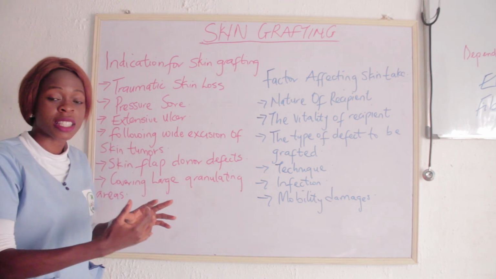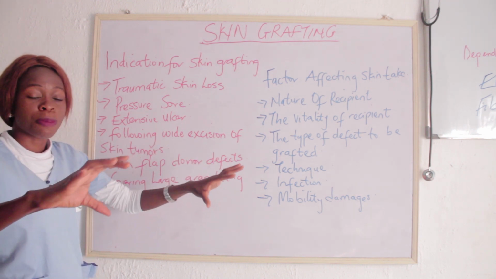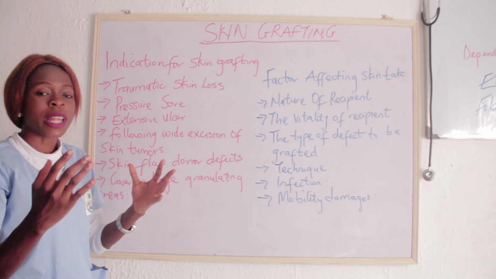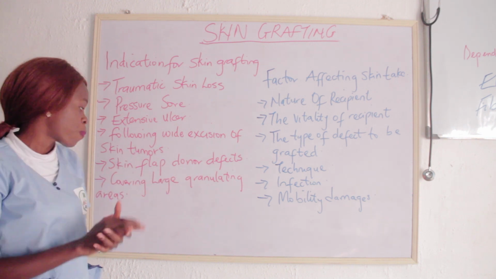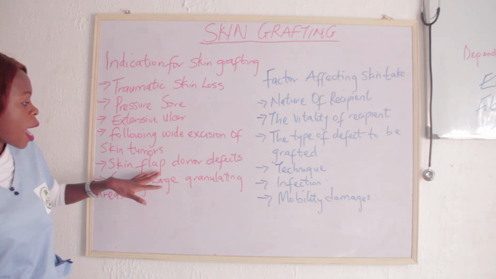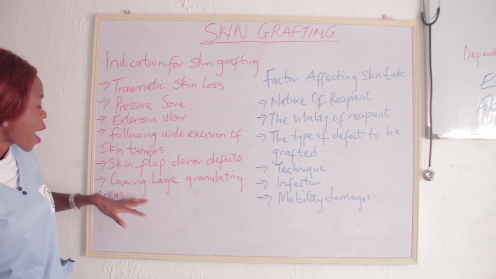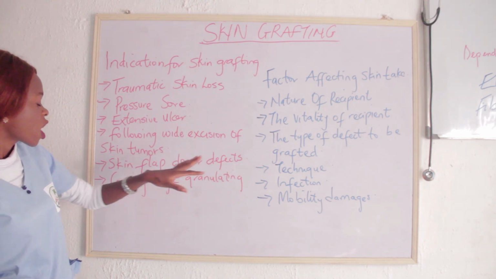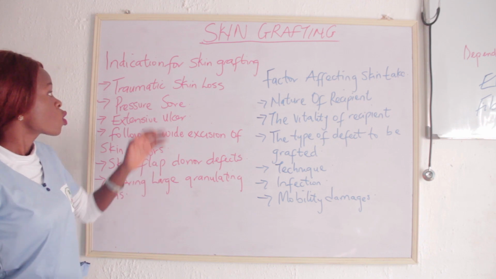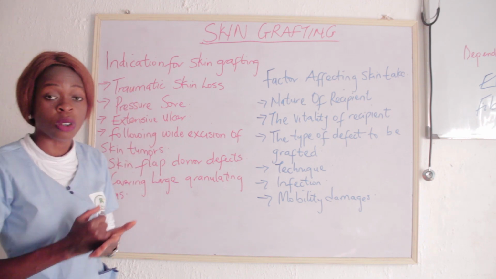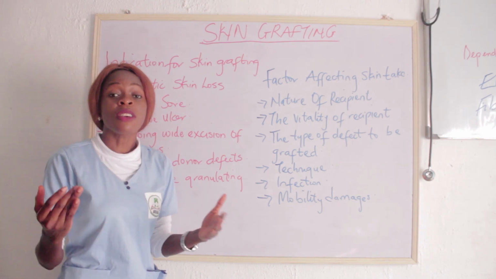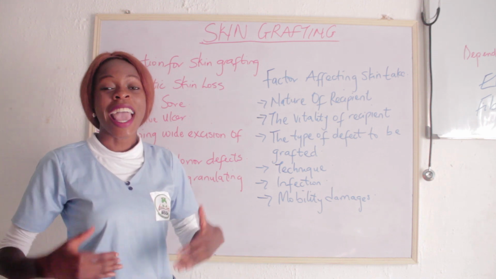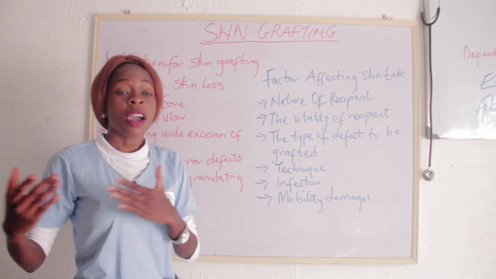After removal of that skin tumor, there is a wide space that needs to be filled so that healing can take place. We have skin flap donor defects. Then we have covering large granulating areas. So these are some of the indications for skin grafting. Severe burn can also be an indication for skin grafting.